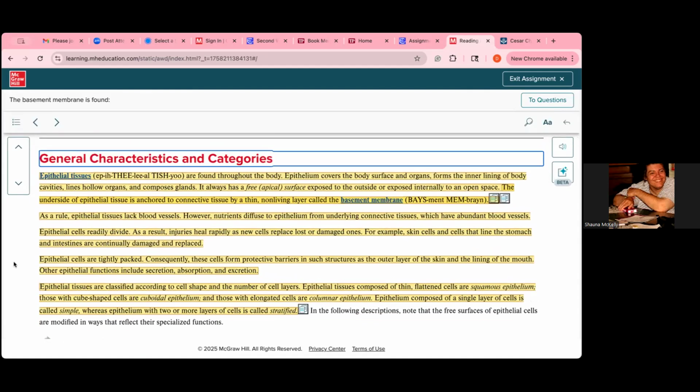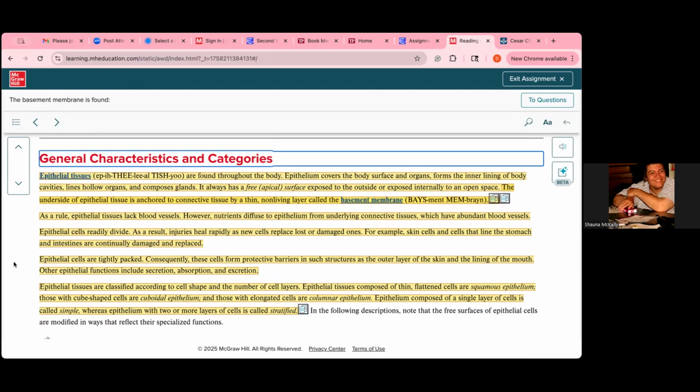Epithelial tissue is found throughout the body. Epithelium covers the body surface and organs, forms the inner lining of body cavities, lines hollow organs, and composes glands. It always has a free apical surface exposed to the outside or exposed internally to an open space.